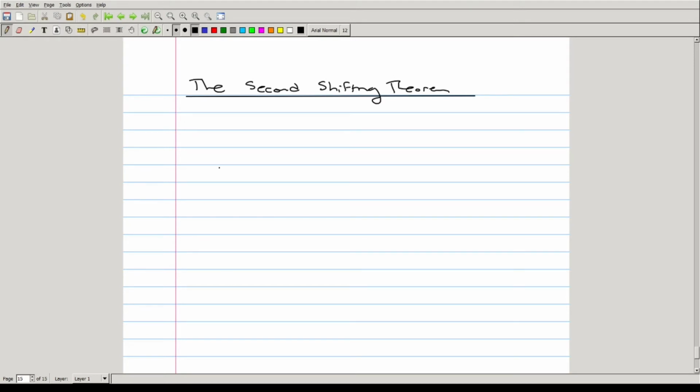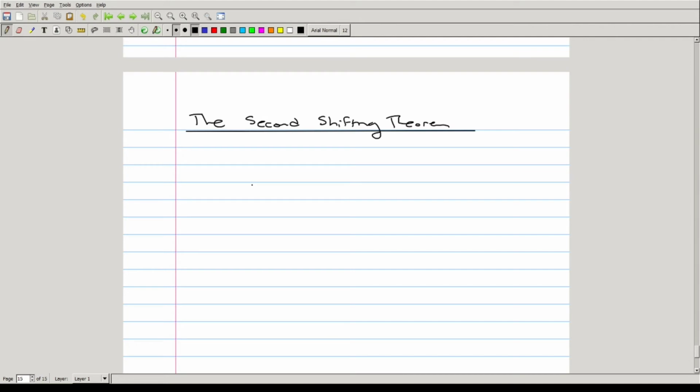And what we'll first do is define what's called the unit step function, also sometimes known as the Heaviside step function.